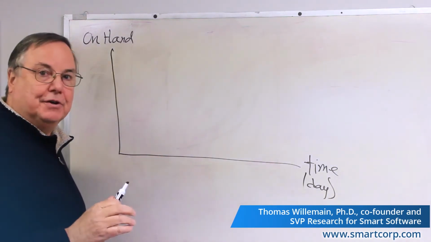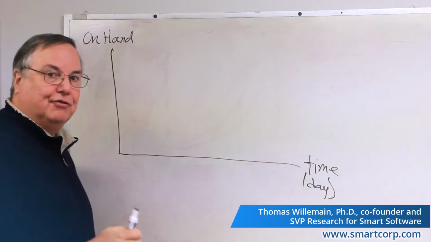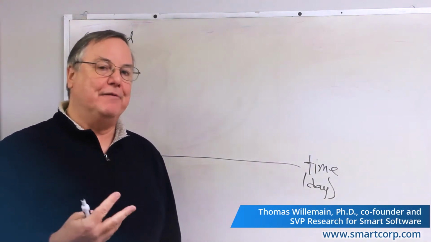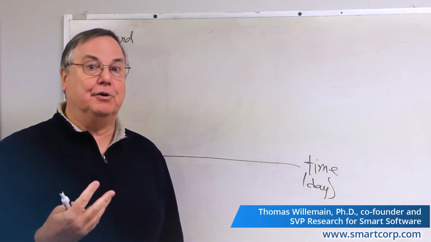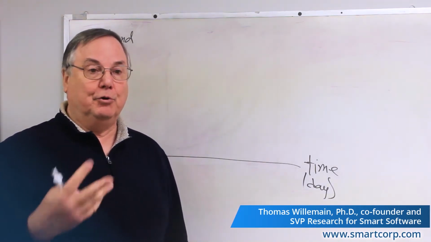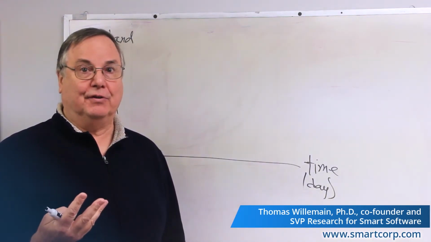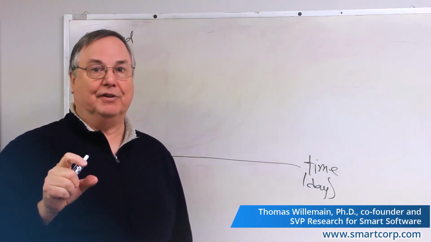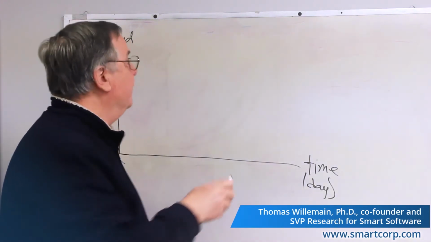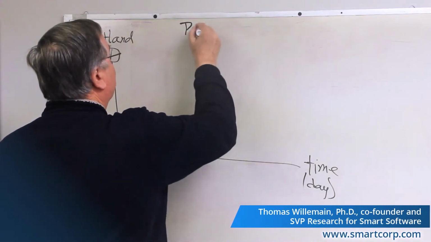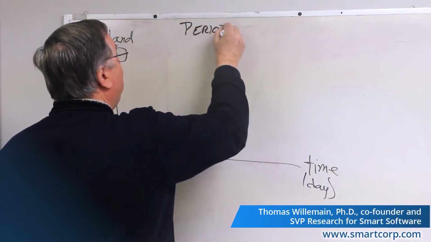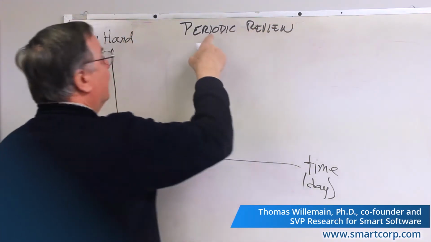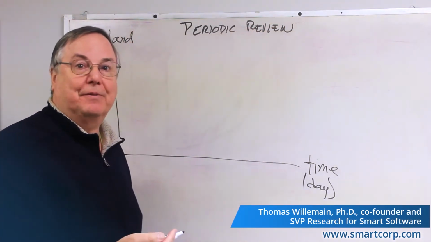And the definition of periodic review says you need two numbers to specify which flavor of periodic review you're doing. Those two numbers are called parameters. You can think of them as knobs that you can adjust to tune the policy. So the first is what's the period of the periodic review.